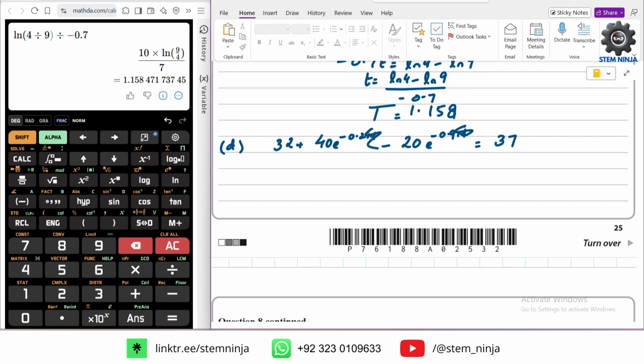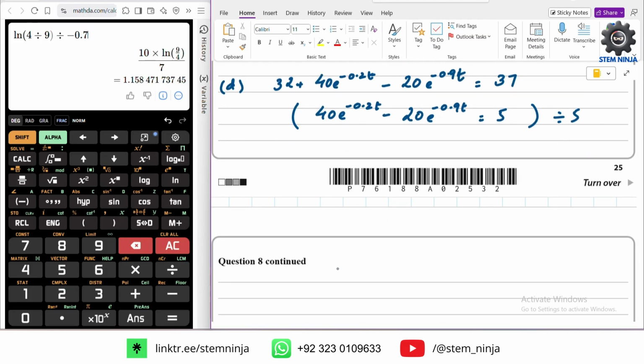Actually, let's keep it as t. So 37 minus 32 is 5. So this would become 40 e raised to power minus 0.2t minus 20 e raised to power minus 0.9t equals 5. Divide both sides by 5. You will get 8 e raised to power minus 0.2t minus 4 e raised to power minus 0.9t equals 1.